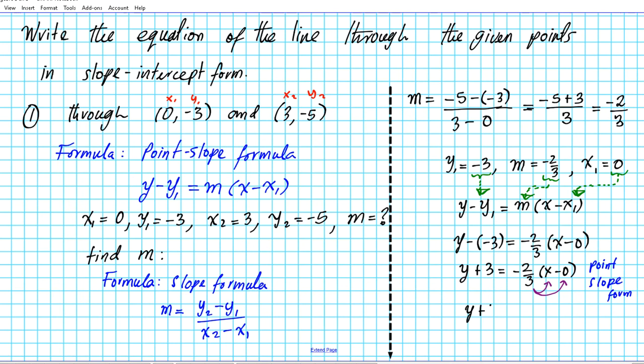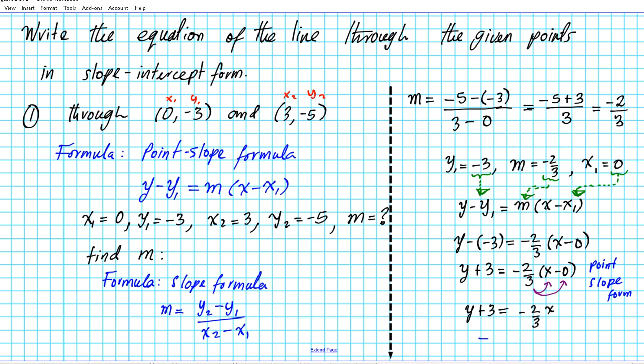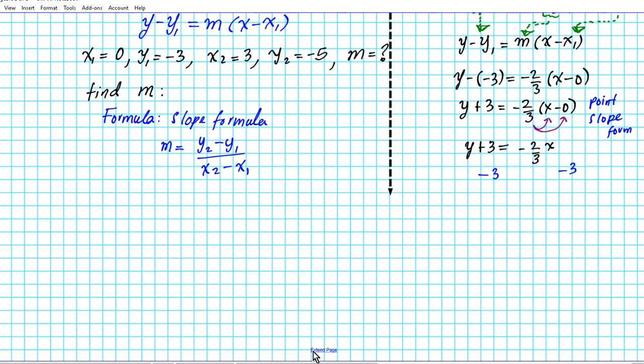So y plus 3, negative 2/3 times x is negative 2 over 3 x, negative 2/3 times 0 is just 0, and that's gone. To get y by itself, we'll just carry out one more step, namely we'll subtract 3 from both sides of our equation, and that will give us the desired slope intercept form.